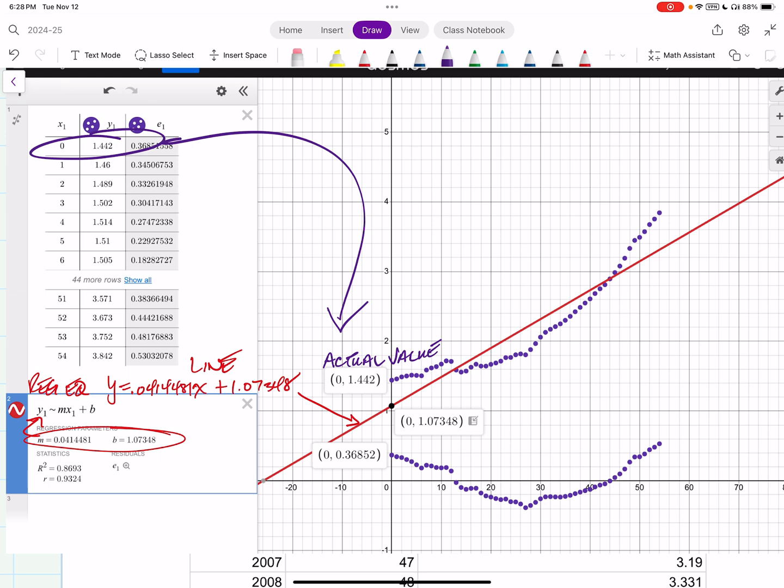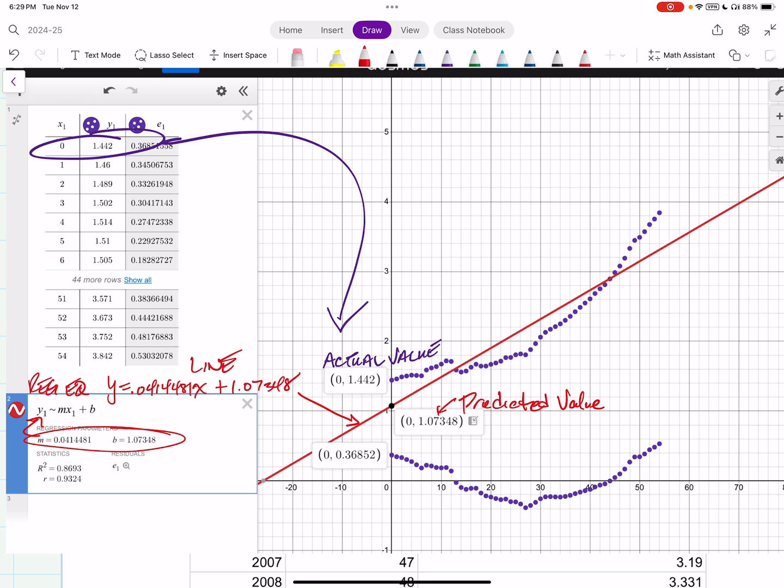Then I got the predicted value here. Whenever you use a regression model, it gives you a predicted value. It doesn't come from the data set. It's actually just a prediction tool. Obviously it's lower than the actual value, right?